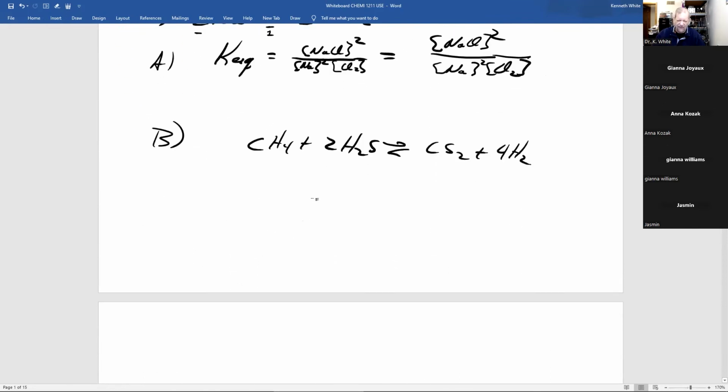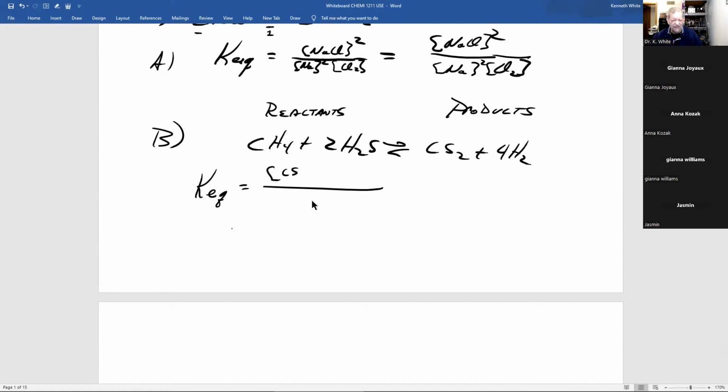And therefore, K equilibrium for this, notice on this side is the products. Here are my reactants. And therefore, the first thing, carbon disulfide, stinky stuff, remember, when there's no number, the coefficient is 1, times hydrogen, and the coefficient is 4, so you make it to the power of 4.